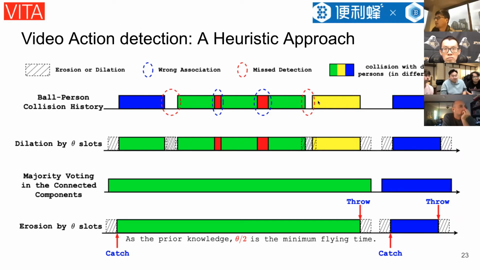This is again a misdetection, and we first dilate it by theta slots, and this theta is prior knowledge. Half of theta is the minimum flying time of the balls, and we derived this by carefully observing the sample videos. So we dilate it by theta slots, and my bad, it should be theta divided by 2. But anyway, we use such a dilation to connect these disconnected components.